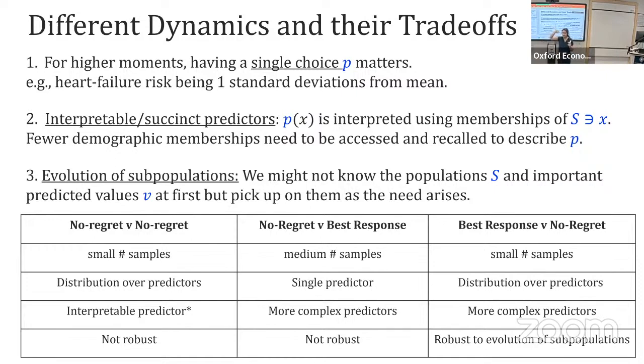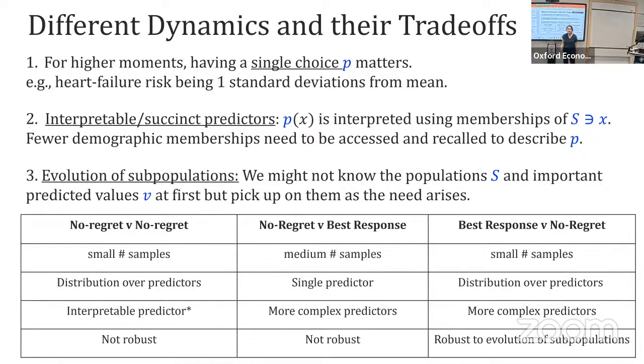Perhaps you're going to figure it out because it's going to be close to a threshold of decision making, or which sets are really important. So somebody is giving you these sets and these values as they go. And if you're trying to catch up to that, you're essentially trying to have a predictor that is robust to the evolution of these considerations. And this type of predictor can be robust. These two cannot be robust, unfortunately.